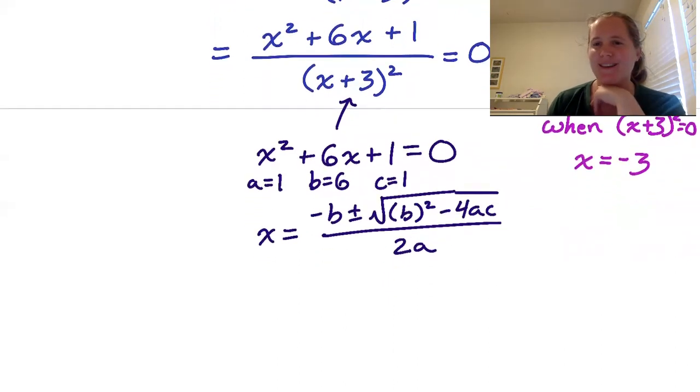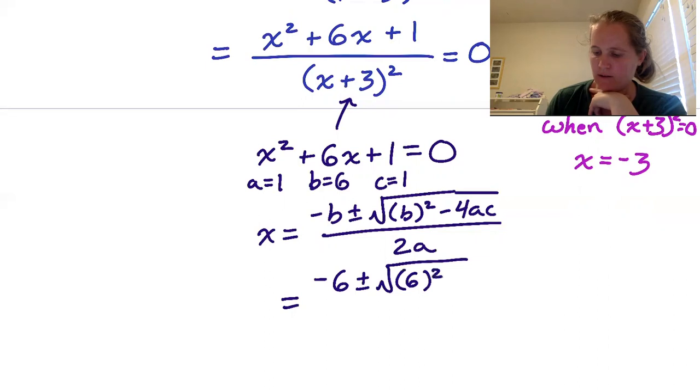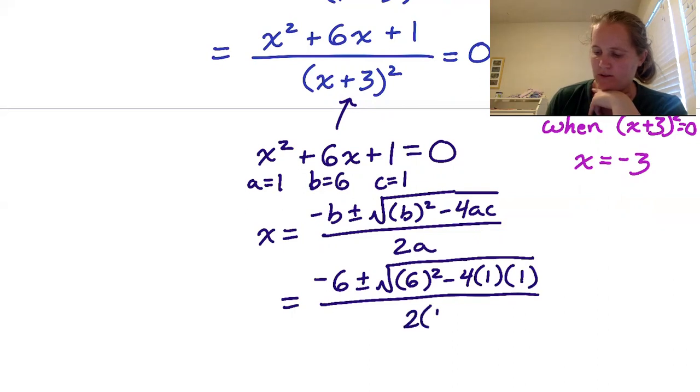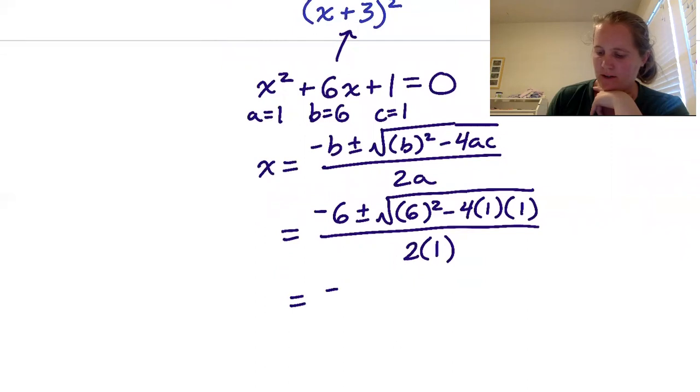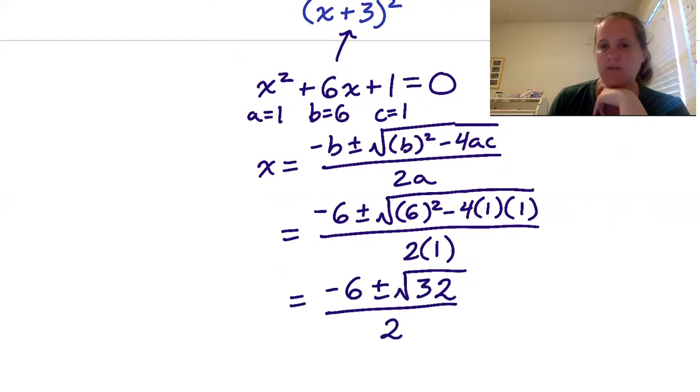So we have -6 plus or minus the square root of 6 squared minus 4 times 1 times 1, all over 2 times 1. Or -6 plus or minus the square root of 36 minus 4, which is 32, all divided by 2.